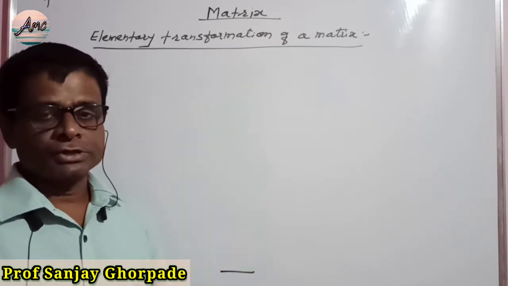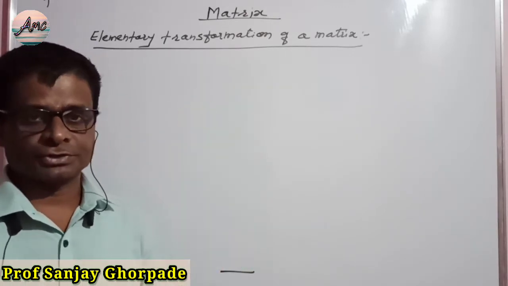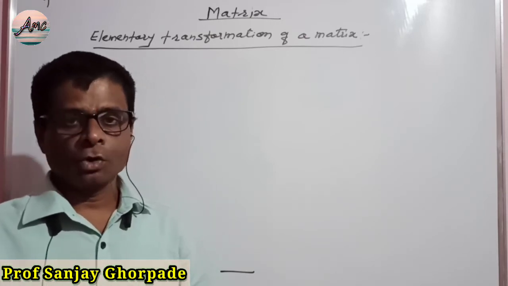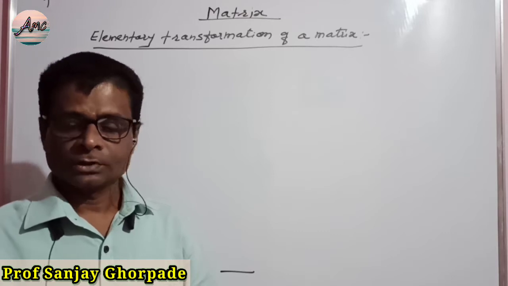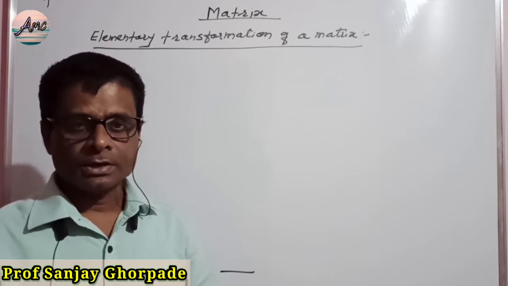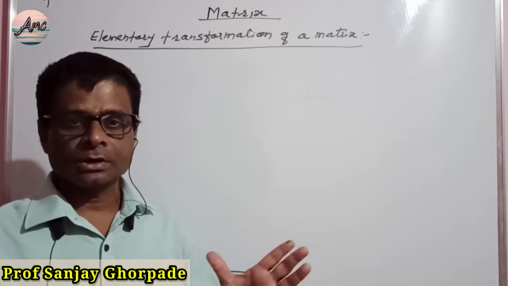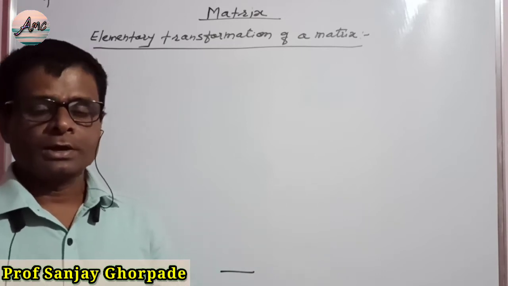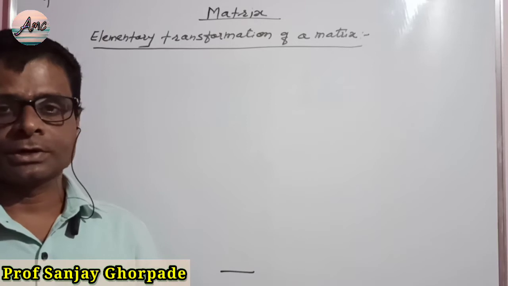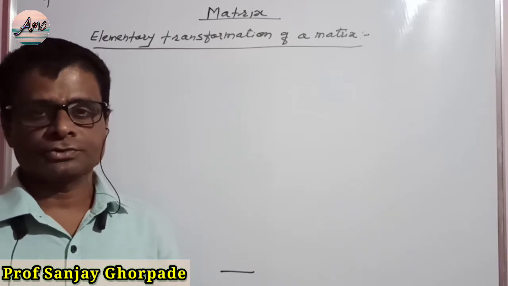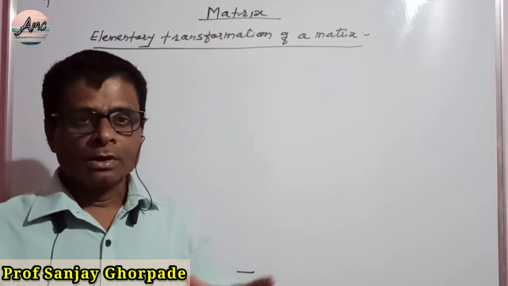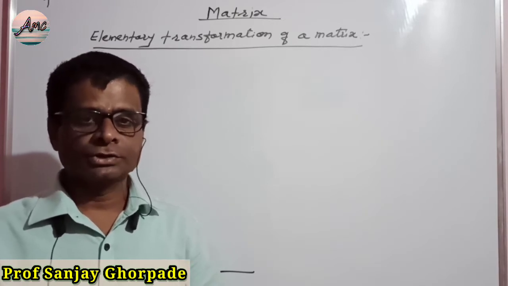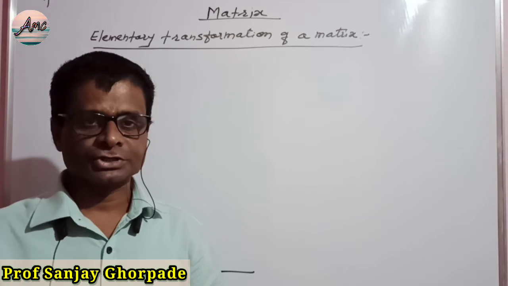The elementary transformations of a matrix are 6 operations. The 3 operations are related to the rows, and the remaining 3 operations are related to the columns. Now let us understand what those 6 operations are.